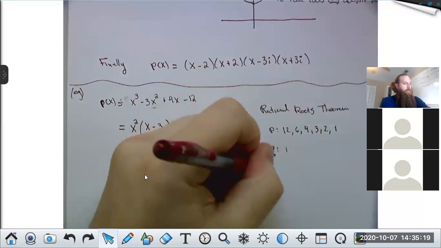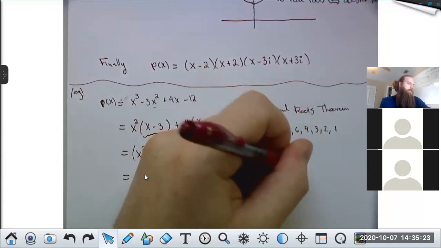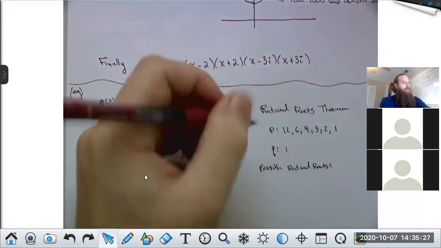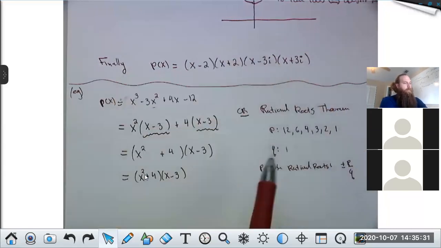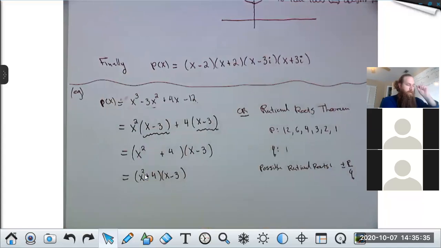So our possible rational roots are plus and minus p over q. Remember, p is a divisor of the constant term and q is a divisor of the lead coefficient.